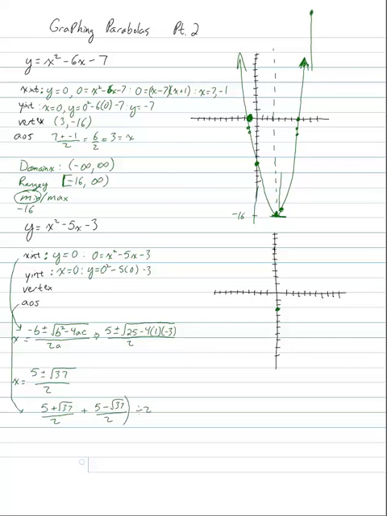If I add these together, my square roots actually cancel out. So I just get 10 over 2, divided by 2. 10 over 2 is 5, so 5 over 2. So my axis of symmetry is x equals 5 over 2.